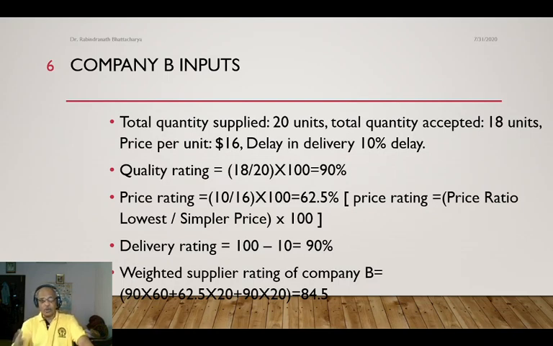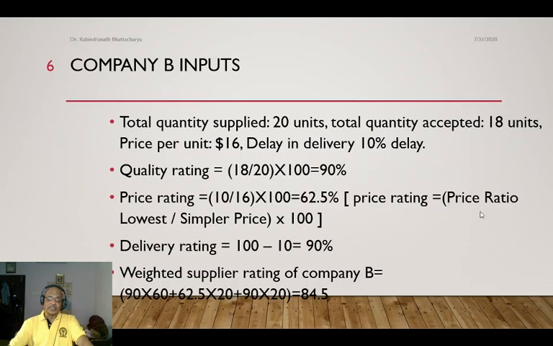Now if you see company B inputs, they supply 20 units, but total quantity accepted is 18. Price per unit is quite high, it's $16, delay in delivery is 10%, and quality rating is 90%. Price rating is 10 by 16 into 100, because his price is 16 compared to what A was supplying.